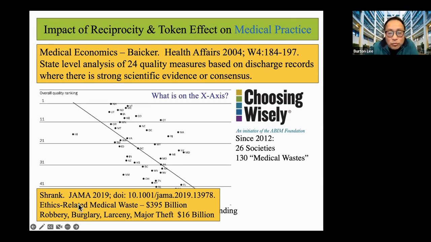But in contrast, what most of us think of as theft, robbery, burglary, larceny, major theft, that's only $16 billion. So we as physicians are responsible for a lot more of this kind of behavior.